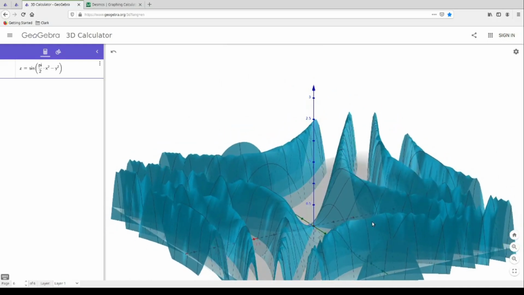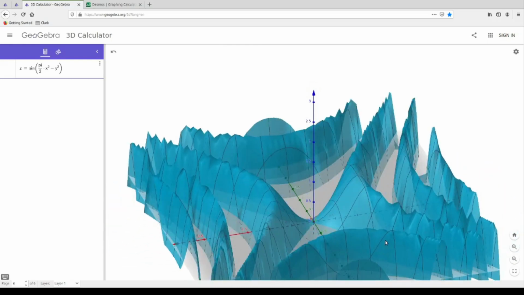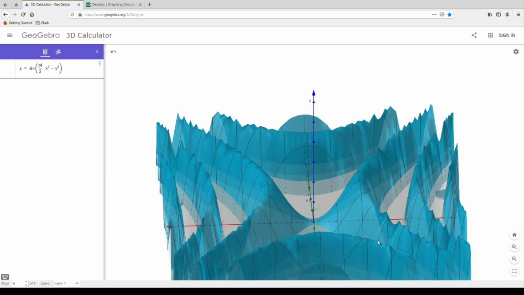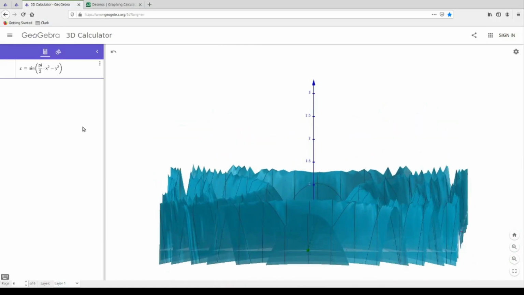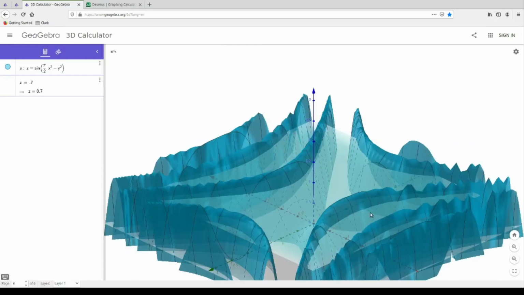This is directly verified by looking in Desmos as well. You can also do the level curves in GeoGebra by fixing a given plane. So if you want to fix the z value, we'll say z equals 0.7, the level curves at z equals 0.7 are all of the intersection curves of this plane, z equals 0.7, with the surface itself.